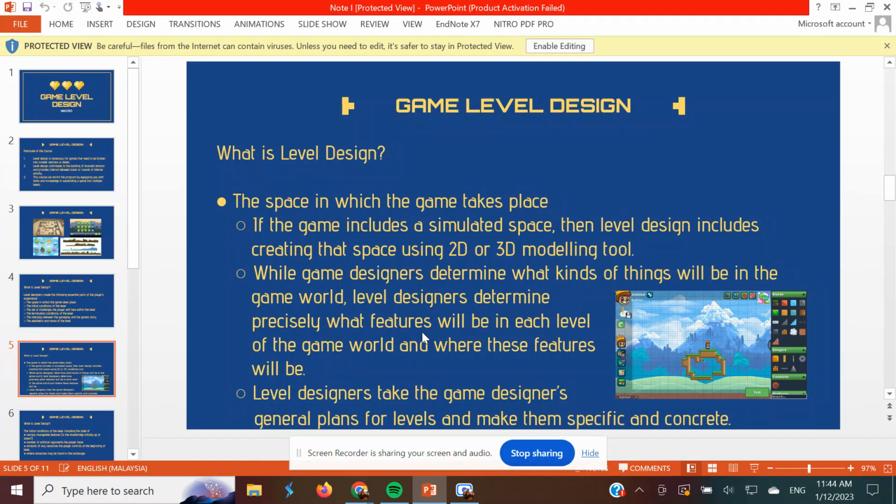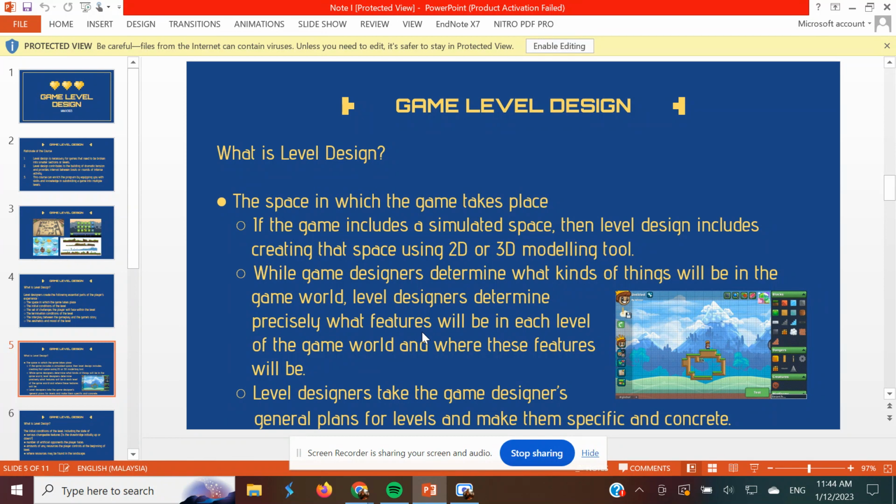You must remember that in game level design, you are basically training your characters to develop their skills. So in that particular level design, what are you training them for? You must target a specific aim or specific objective.